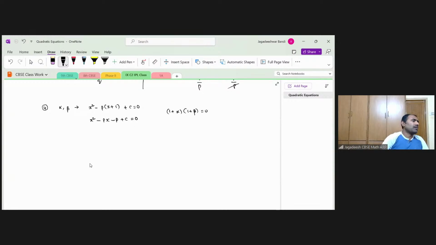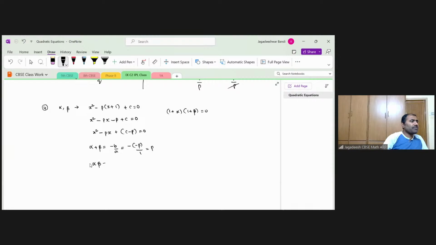Okay, fine. Or you can also write it as x square minus px plus c minus p, as one term, which is our constant. We have just written it in the form of ax square plus bx plus c. Now let us find out alpha plus beta value as usual, which is minus b by a, minus of minus p by a, value 1, which is p.